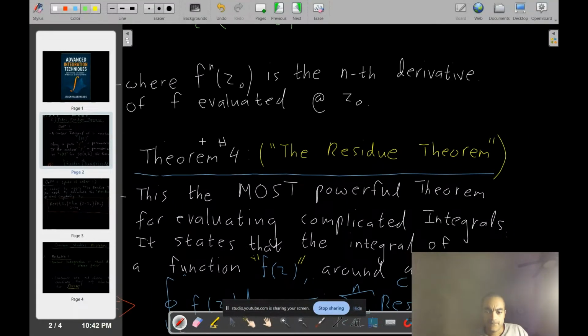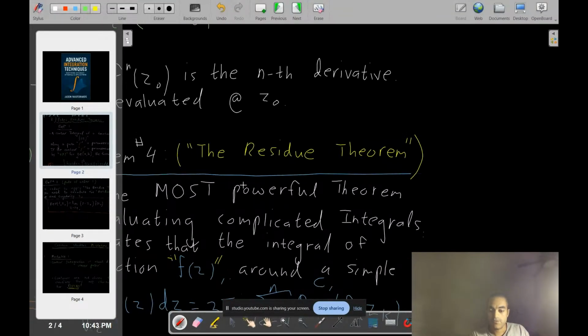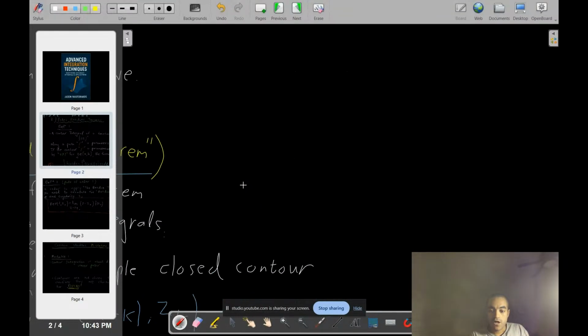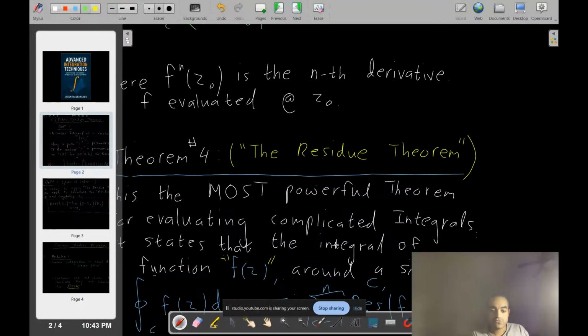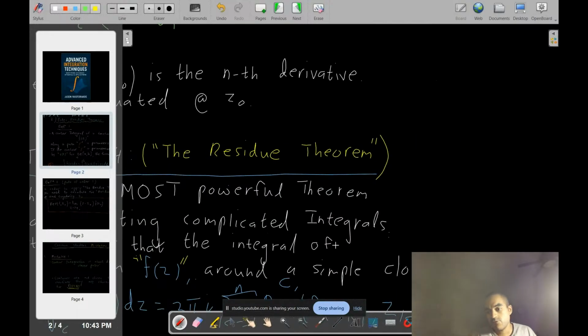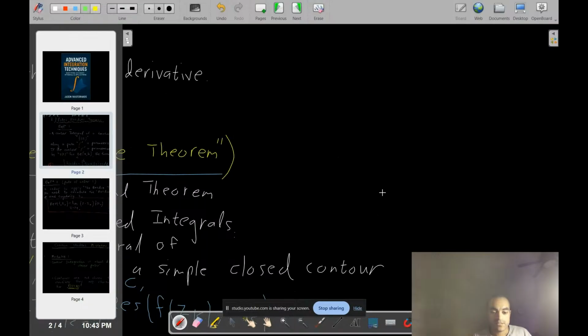So it's a way of evaluating complicated integrals, obviously. It states that the integral of a function f of z, a function of a complex number z, around a simple closed contour C, the loop integral of f of z dz, is equal to 2 pi i multiplied by the summation from k equals 1 to n of the residue of f of z at z sub k.